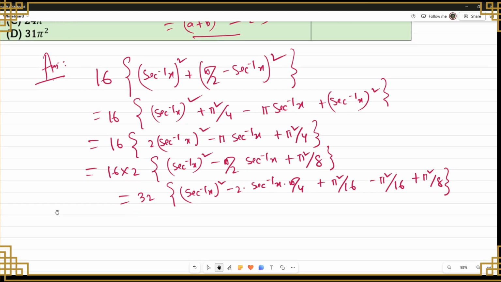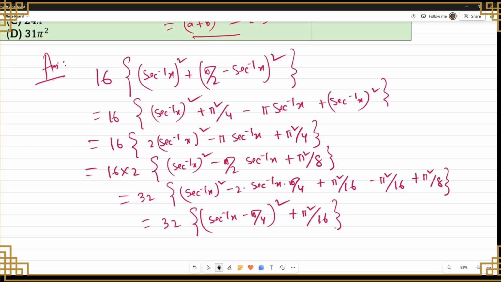I need a bigger board for this. So this will be 32 sec inverse x minus pi by 4 whole square plus pi square by 16. Clear?